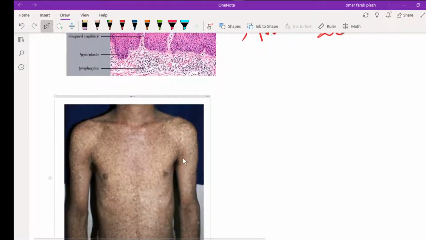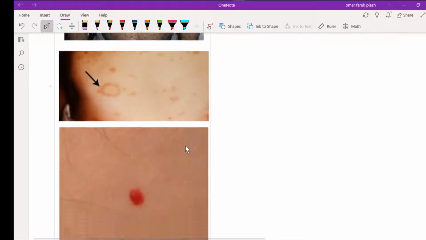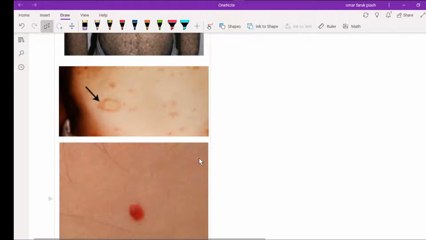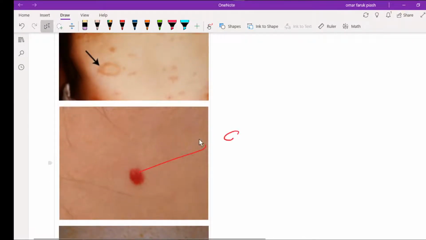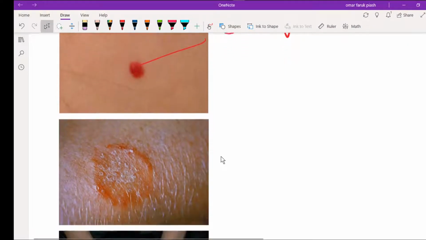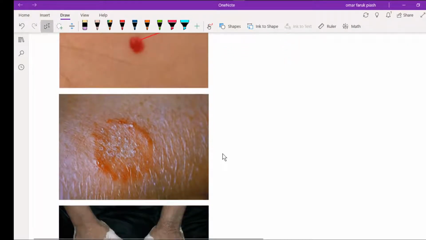And the next one, this is the picture of xeroderma pigmentosa. I will describe this later. This is the picture of cherry hemangioma. This is the picture of tinea corporis.